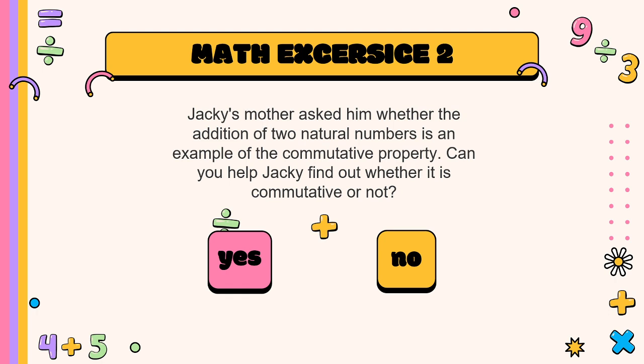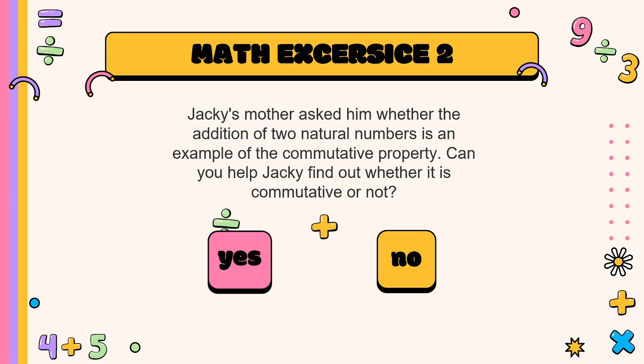Jackie's mother asks him whether the addition of two natural numbers is an example of the commutative property. Can you help Jackie find out whether it is commutative or not? The solution: the commutative property of addition states that changing the order of the addends does not change the value of the sum.